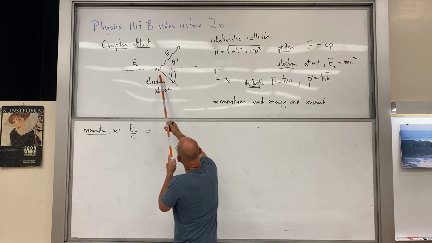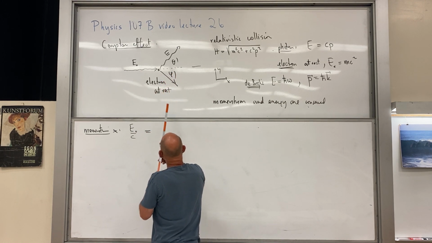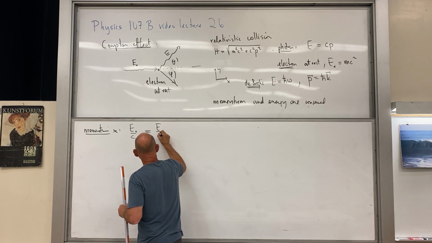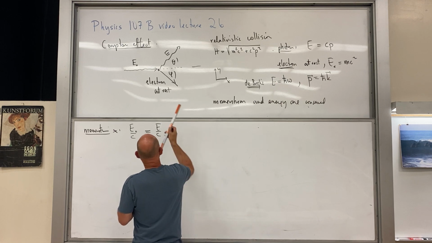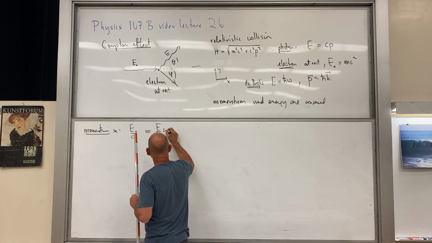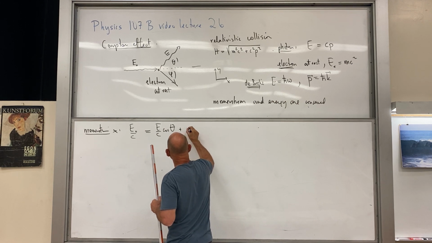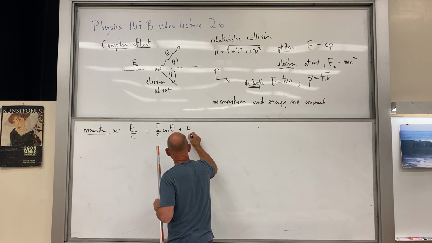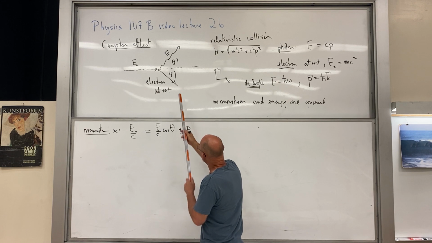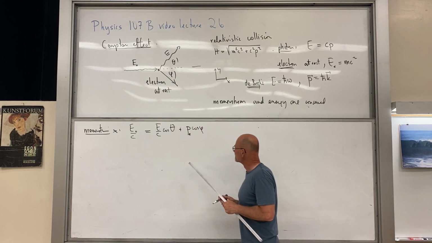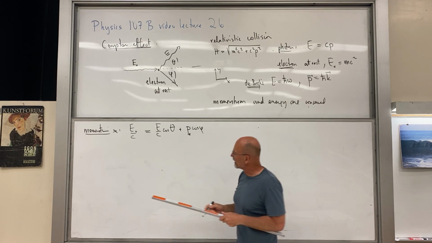After the interaction, or the collision, we have E over c, that again is the momentum, times the cosine of theta, plus the momentum of the electron times the cosine of phi. Okay, so that's in the x direction.